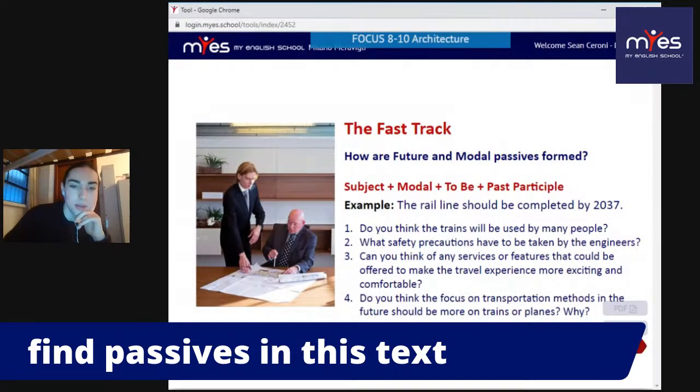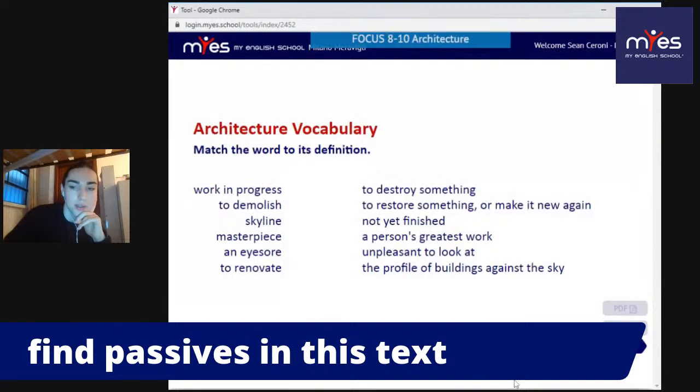So I think we'll skip on to this slide, maybe to finish, some useful phrases for architecture, some very descriptive phrases for architecture. So, work in progress, to demolish, a skyline, masterpiece, and an eyesore.